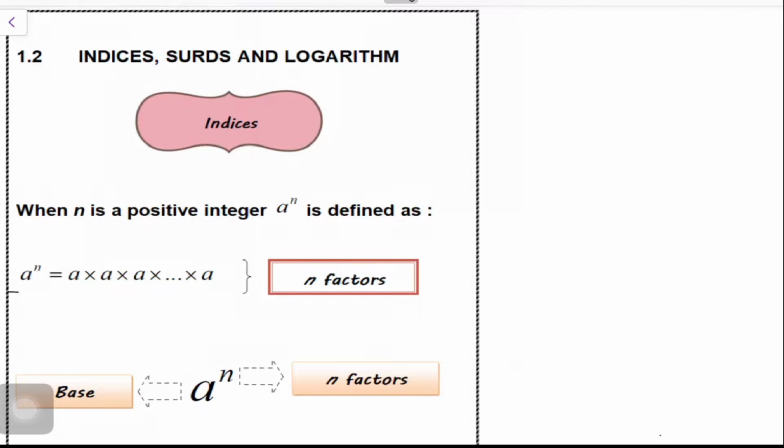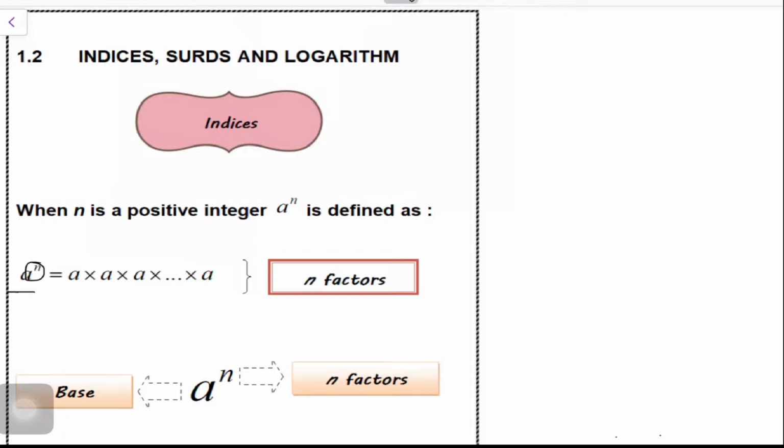So consider if we have a number in the form of a to the power of n, where n is any positive integer, such as 1, 2, 3, and so on.